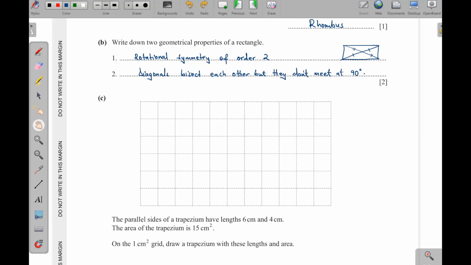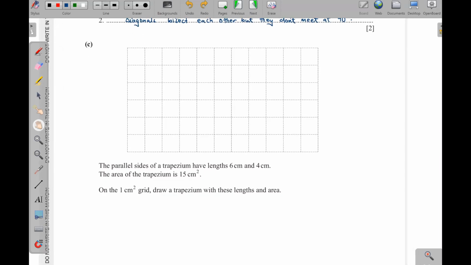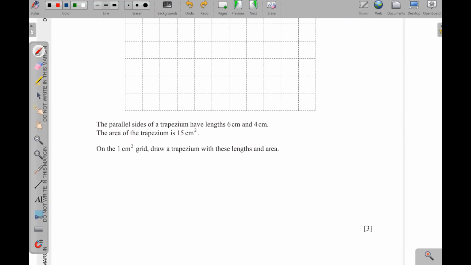They are saying the parallel sides of a trapezium have lengths 6 centimeters and 4 centimeters. The area of the trapezium is 15 centimeters squared. On a 1 centimeter squared grid, draw the trapezium with these lengths and area. First of all, we need the height. Area of a trapezium is equal to a half h into a plus b.